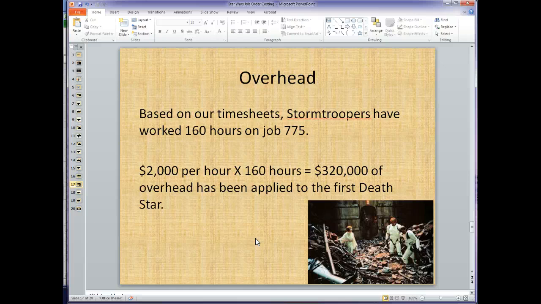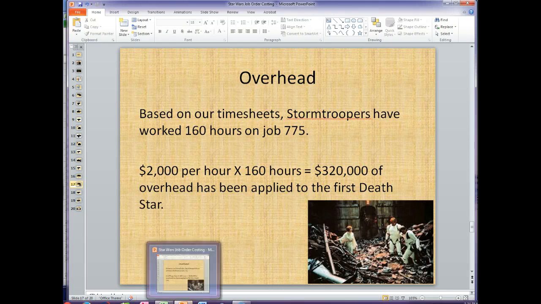Looks like we had on the Death Star 160 hours that stormtroopers worked in direct labor throughout the year for this job. All right, well, 160 hours times $2,000 per hour means that we have $320,000 of overhead that's been applied to the first Death Star.